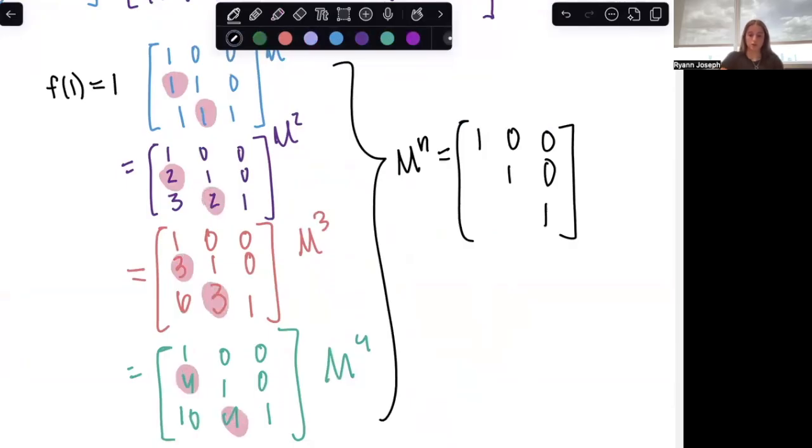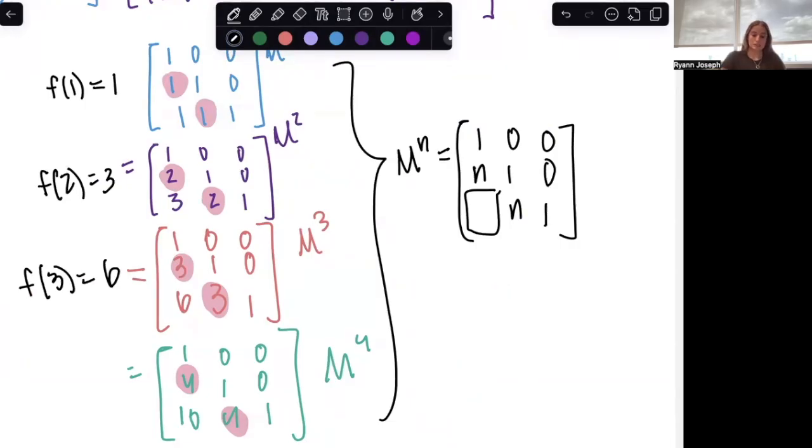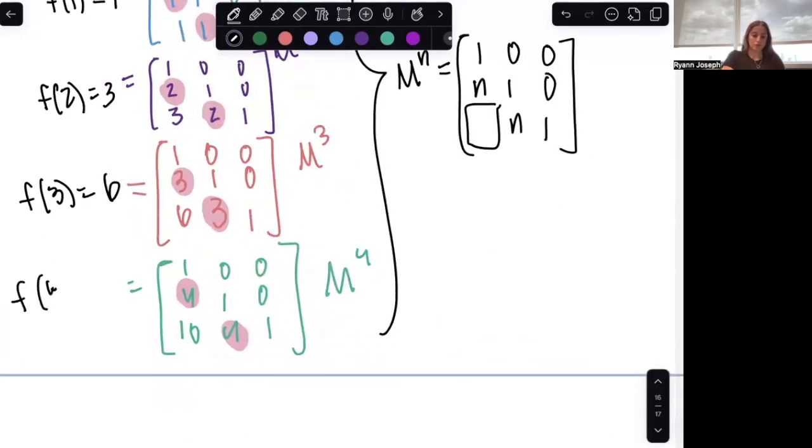So for the arbitrary case, I'm going to write n and n. Now let's talk about the bottom left value. Here, f of 1 is 1. Here, f of 2 is 3. Here, f of 3 is 6. And f of 4 is 10.